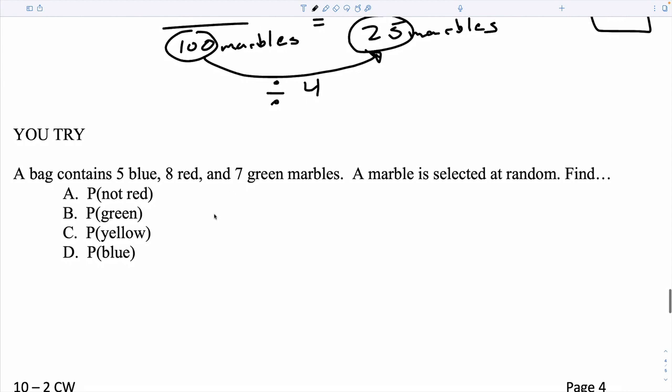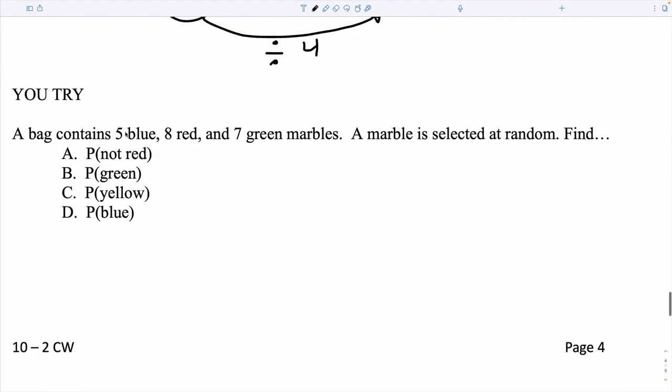You try these in the next 2 minutes. A bag contains 5, 8, and 7. A marble is selected at random. What's the probability of not a red one? Combine those. Get the total.